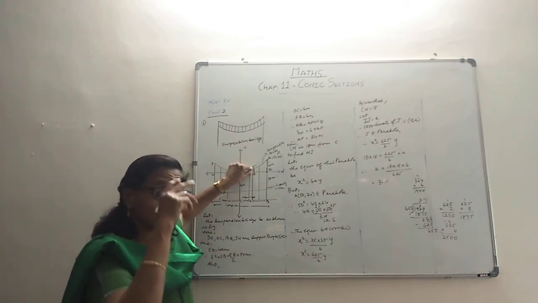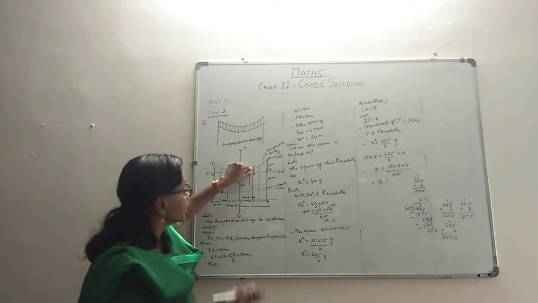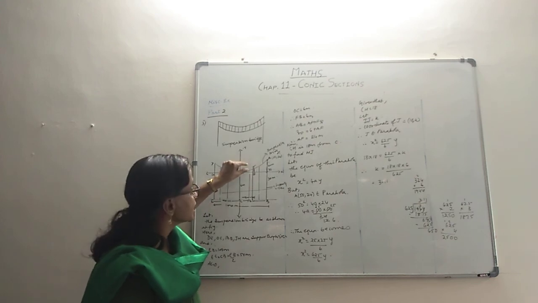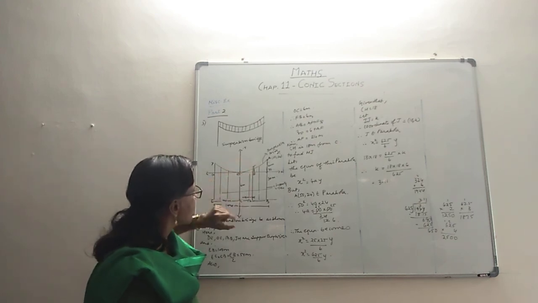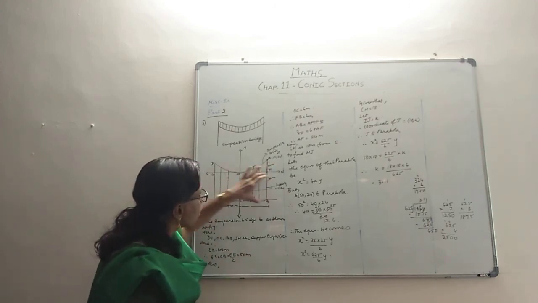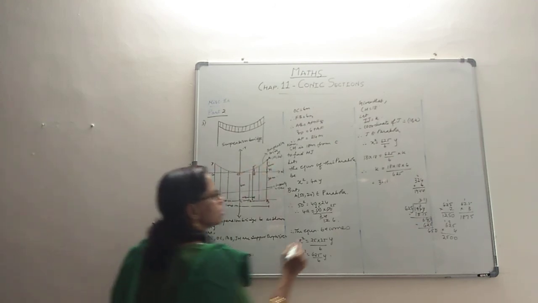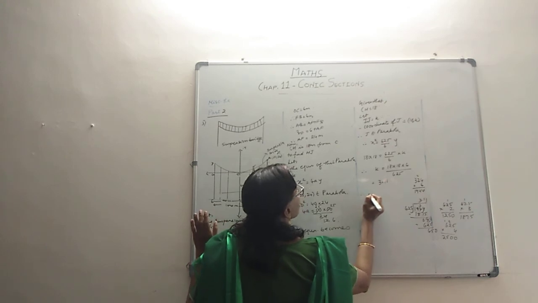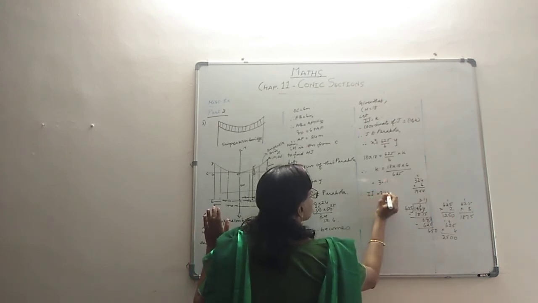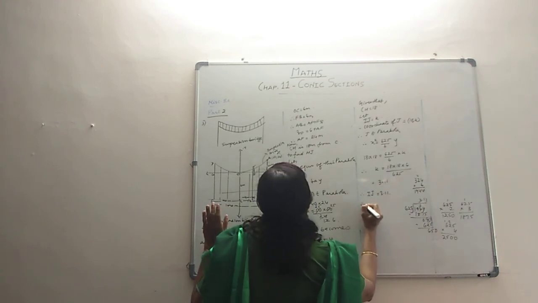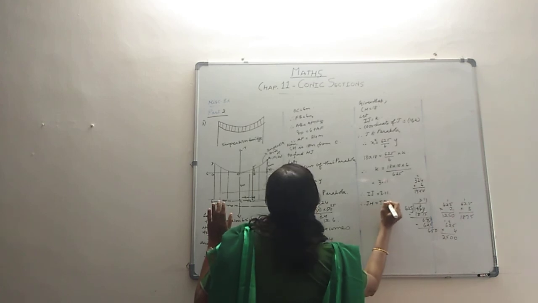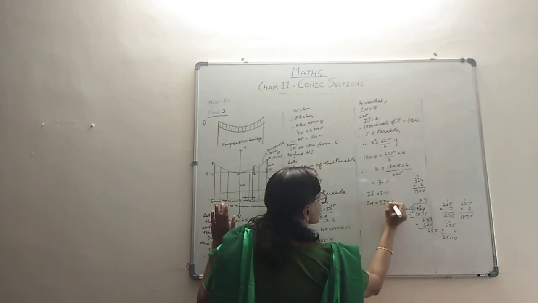Now they have asked us the length of the supporting wire. That means they have asked us the length of JH, and JH is IJ plus IH. IH we all know is 6, throughout it's going to be 6. What we have found out is IJ, which is 3.11, and JH is IJ plus IH.